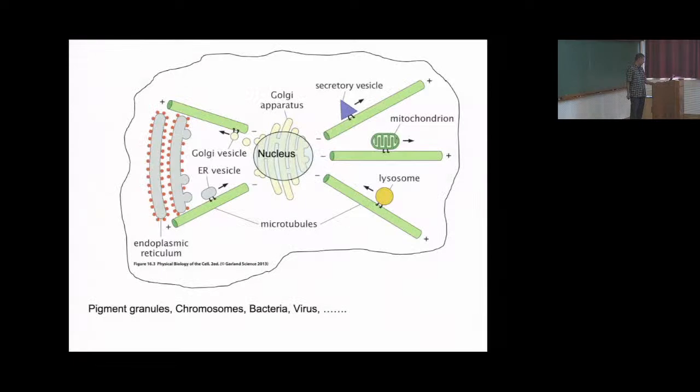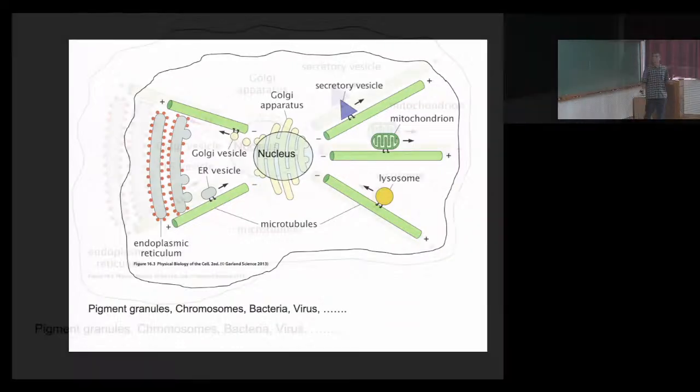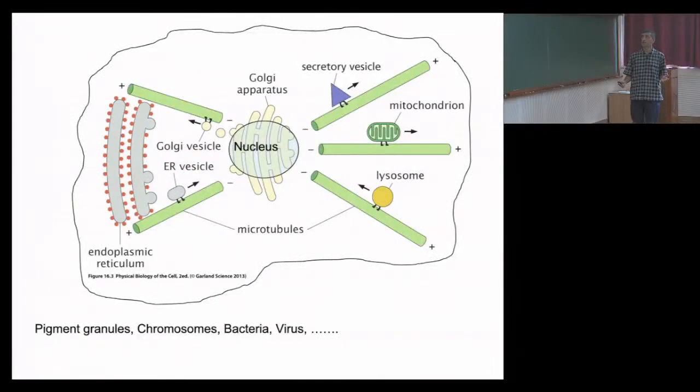Very quickly, if this is a typical cell, then there will be cytoskeletal elements. Only the microtubules are shown here. There are, of course, actin and intermediate filaments, which are not depicted in this schematic.